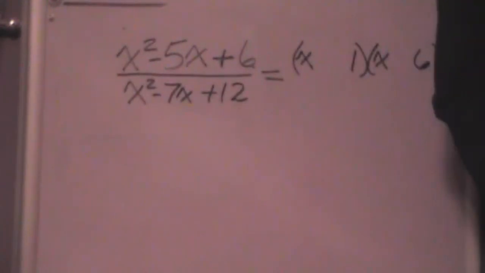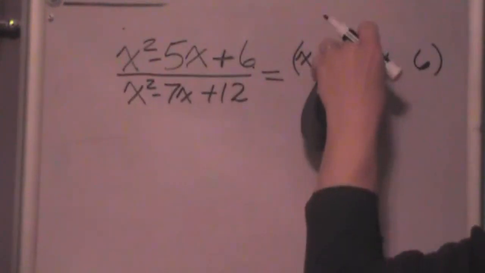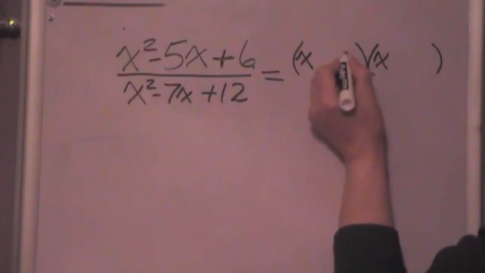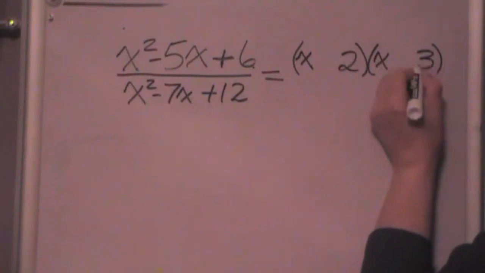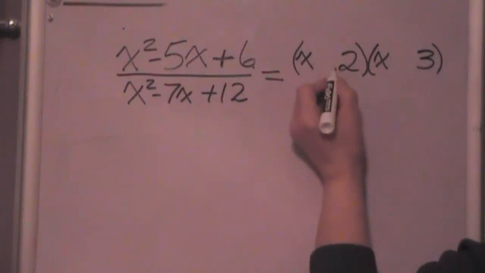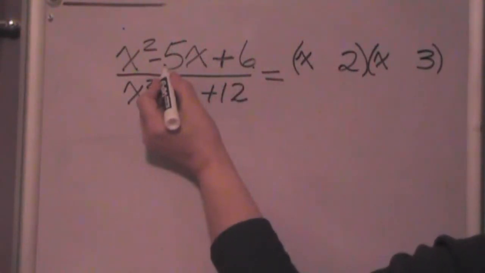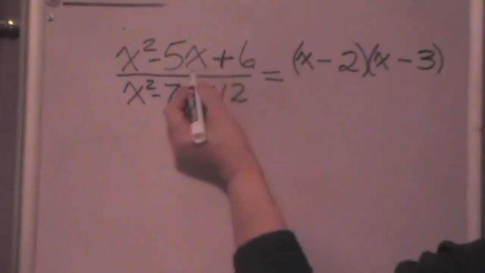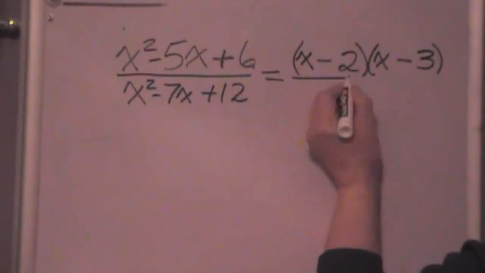So I have to change that to 2 times 3, which also gives me 6, but now 2 plus 3 gives me the 5. And since the middle term is negative, that means they're both negative. This will give me the positive 6 I need here and the negative 5 here.